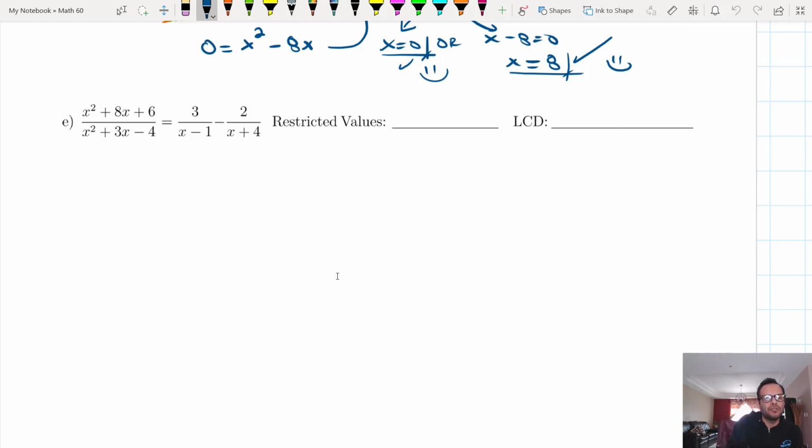Even if you try to factor the numerator, you will try to find factors of 6 that add up to 8, but there's none, because the factors of 6 are 3 times 2, which add up to 5, or 1 plus 6, which add up to 7. So the polynomial in the numerator is prime, but ultimately, that's not what we care about.